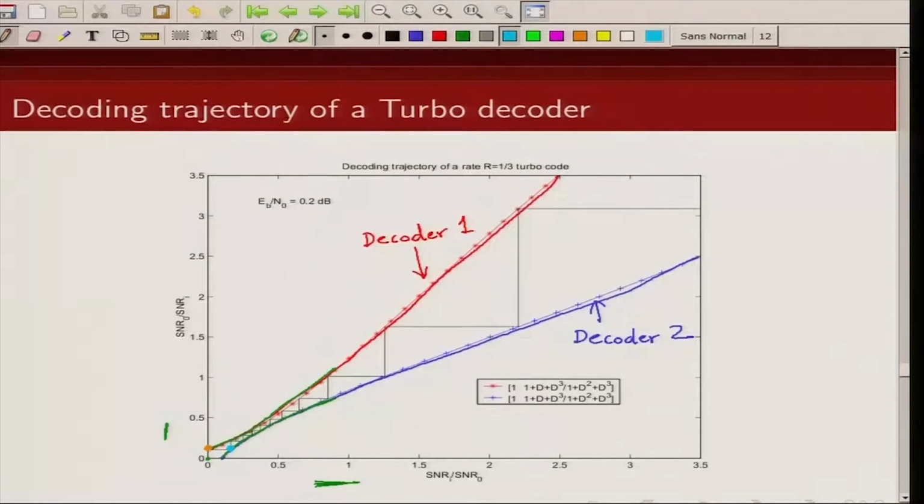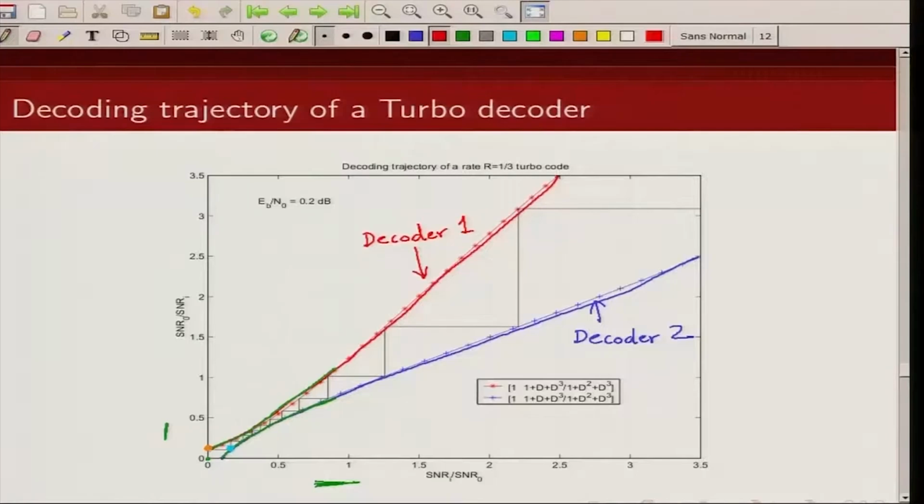Now, note this extrinsic information gets fed as a priori information to decoder 1, so we look at the decoder 1 transfer characteristics and this is the point. You can see I am going like this. This is how my decoding trajectory of the turbo decoder proceeds.